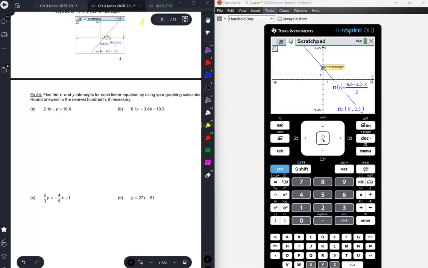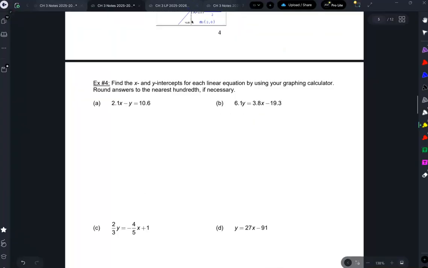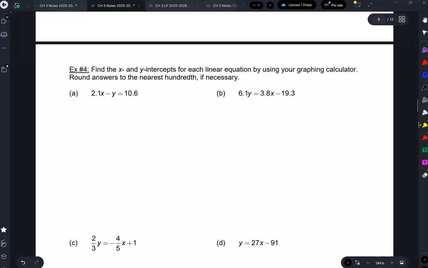Okay, so why don't we do a couple of these here? All right, here we go. Let's solve this one. So subtract 2.1x. So this is going to be negative y equals 10.6 minus 2.1x.